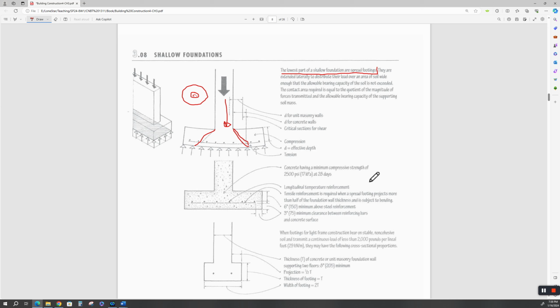Concrete having a minimum compressive strength of 2,500 psi at 28 days. I would fire you if that's what you expect. I want 5,000. I want 5K psi concrete. Pounds per square inch. 5,000 pounds per square inch of concrete strength at 28 days.